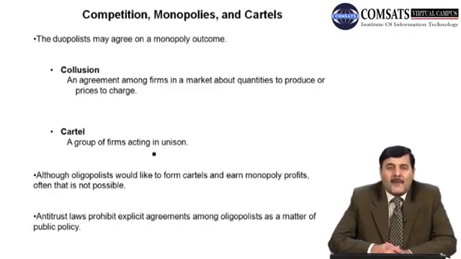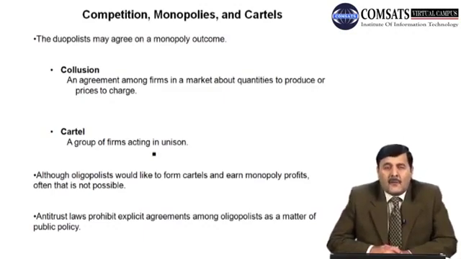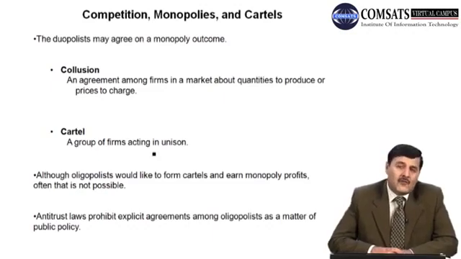The duopolists may agree on a monopoly outcome, so how can they agree? There are two possibilities with the duopolistic firms. One is that they can make collusion, right? Collusion is an agreement among the firms in a market about quantities to produce and price to charge.